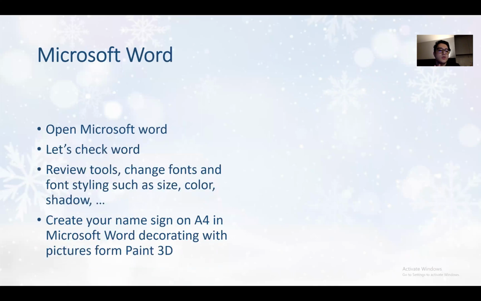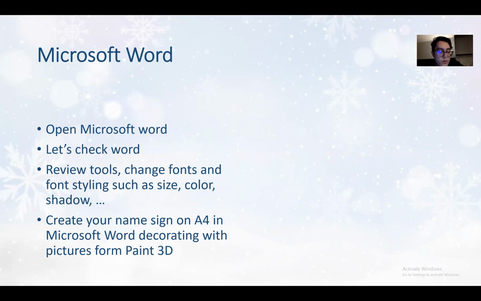Next, we want to practice what we have learned today. So please follow step by step as I go through it. We open Microsoft Word first, and then we can check what's going on in the program. And we can also review tools, change fonts and font style, such as size, color, shadow, and so on.